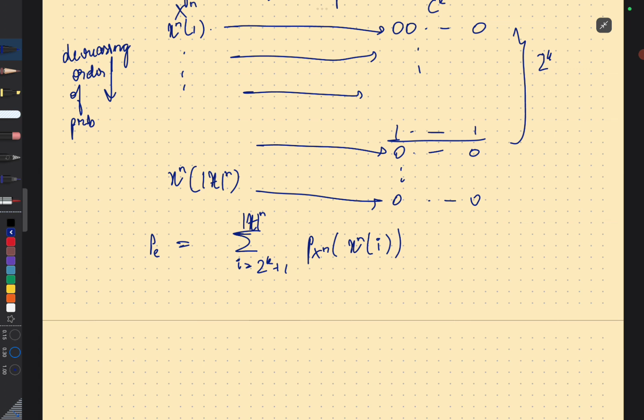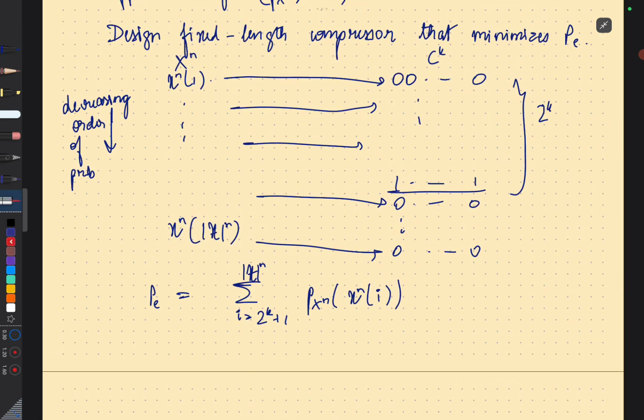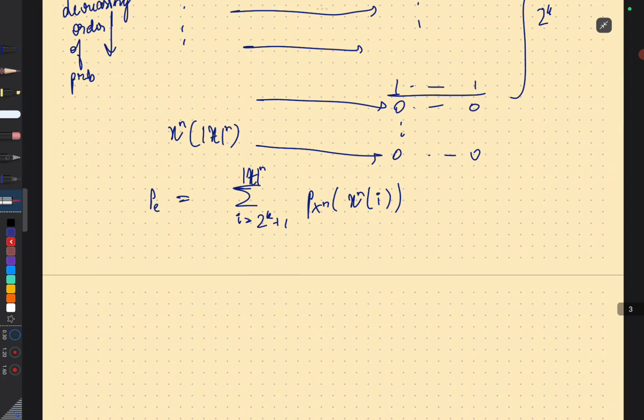And you can see that this is an optimal source code, because there is no way you can achieve a probability of error that is smaller than this, precisely because this set of source sequences, the top 2 to the k source sequences, are those which have the highest probability, and therefore the bottom remaining source sequences are those which have the least amount of probability. No other collection of those many sequences has a smaller probability. That's because of the way we have chosen this set. Right? Yeah.